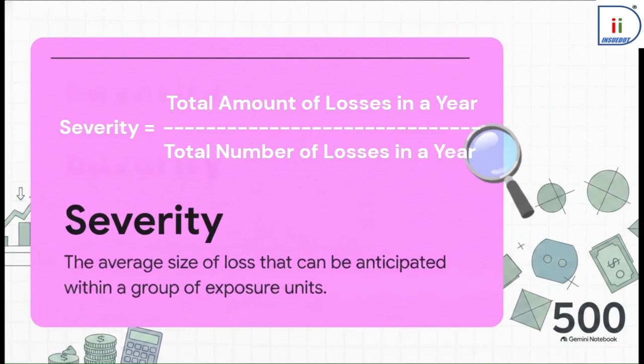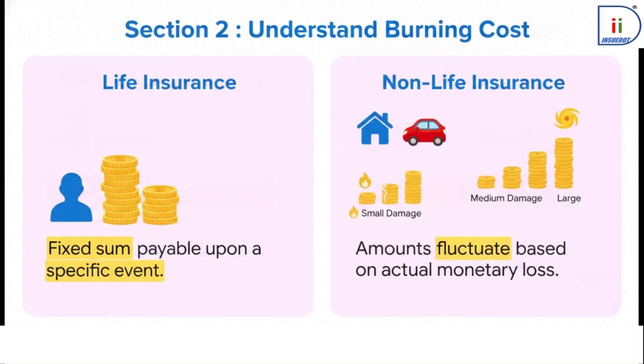And this brilliantly illustrates a really major difference between life and non-life insurance. With a life insurance contract, the payout is a fixed sum. The specific event happens, like death. A set agreed upon amount is customarily paid out. Easy. But most non-life policies like your car or home insurance operate on an indemnity basis.